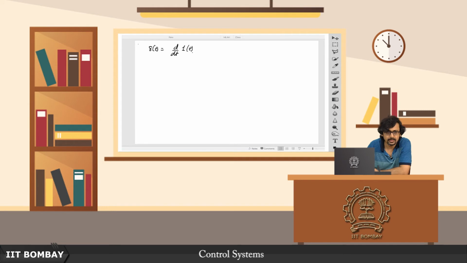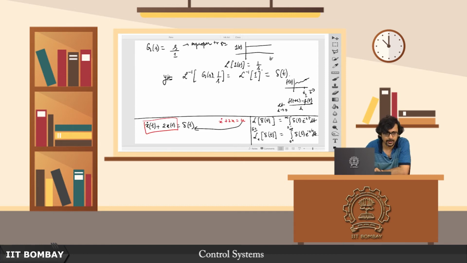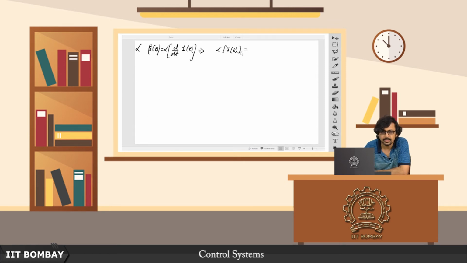So if we take the Laplace transform on both sides, then on the left hand side we get the Laplace transform of delta t, and if you are using the first definition, what you find is the following.